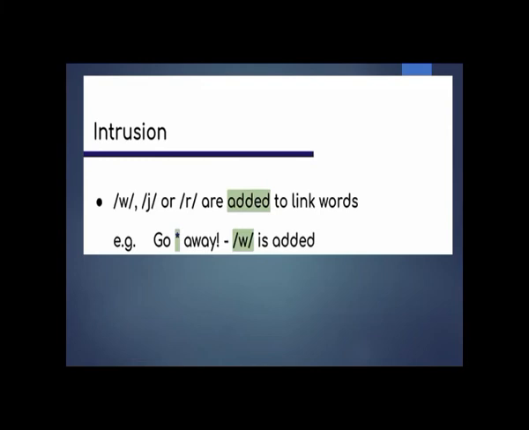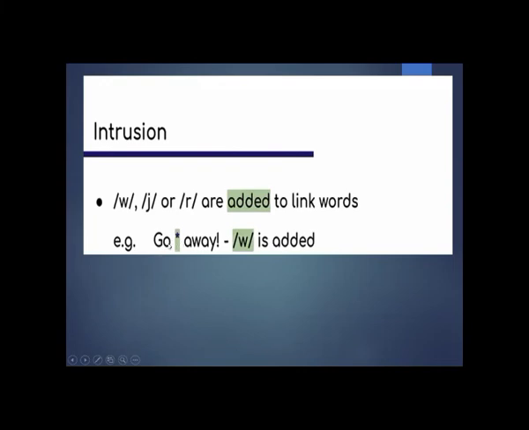Go away. Okay. So when one word ends in oo, or ow, and the next word starts with a vowel, like here, go, and the next word starts with a vowel. So the intrusion happens between two vowels.